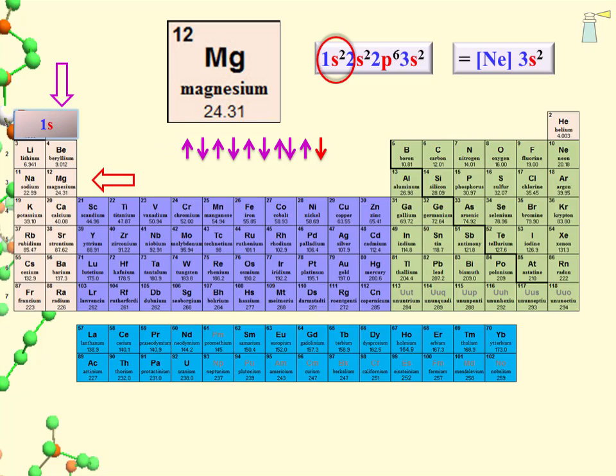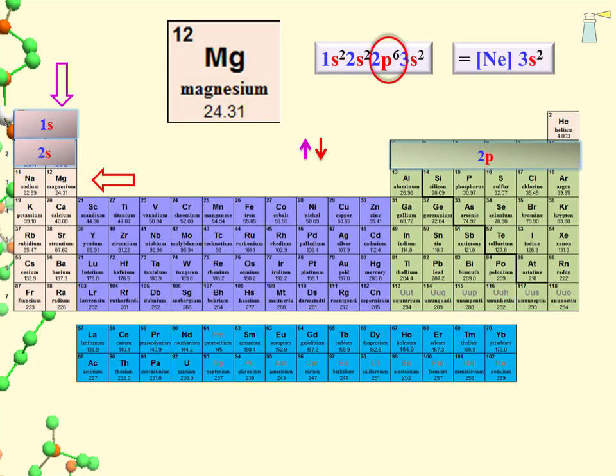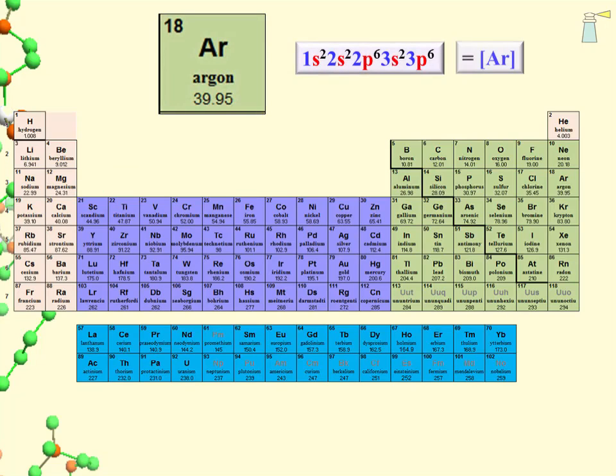Reading the table like a book, left to right and down a row, the next lowest orbital, 2s2. Then 2p, and that gets 6 electrons, 2p6, leaving 2 electrons. The 3s orbital, 1s2, 2s2, 2p6, 3s2.